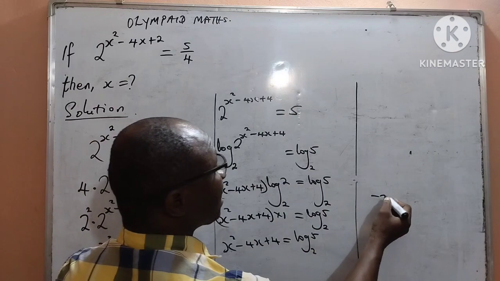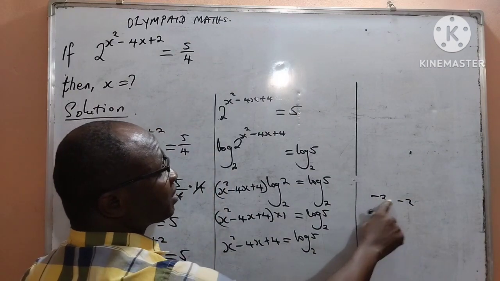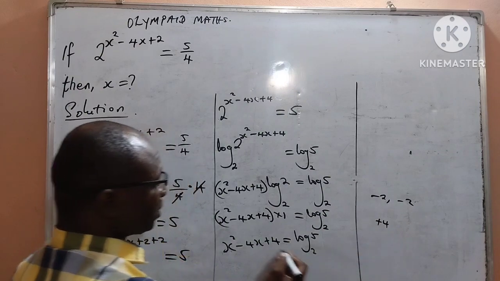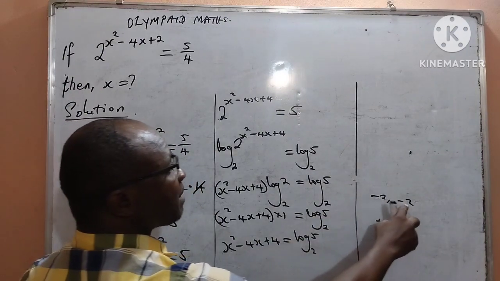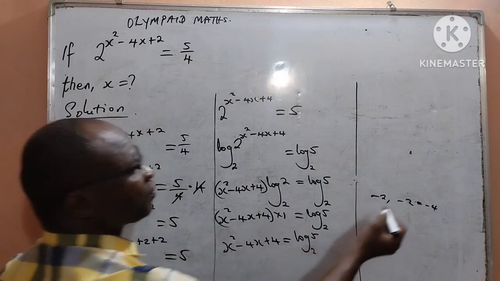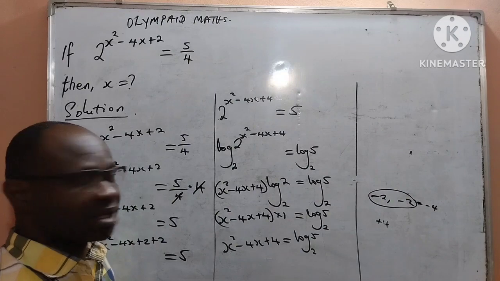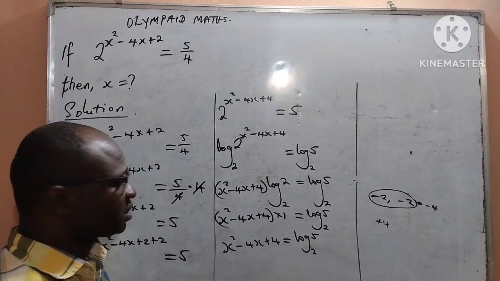The two numbers are minus 2 and minus 2. You can agree with me that minus 2 times minus 2 will give me plus 4, that is this. And minus 2 minus 2 will give me minus 4, that is this. So I'm going to use these two values now to factorize the left hand side, which is a quadratic equation.